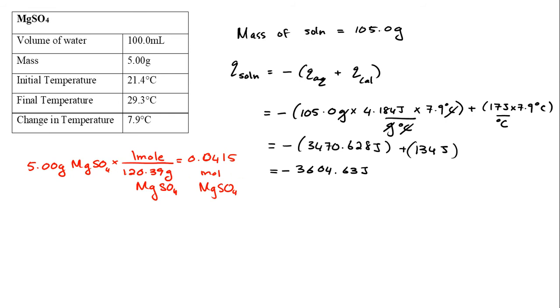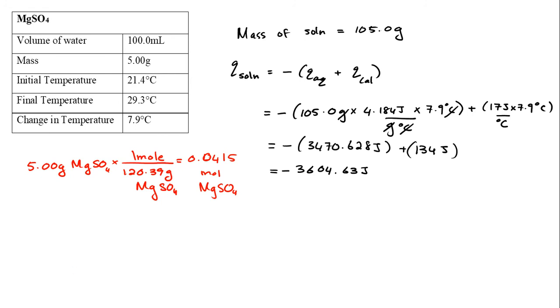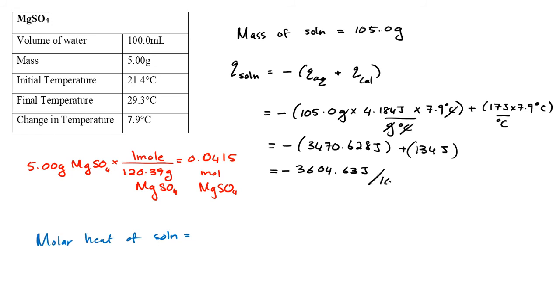So if I have the number of moles of magnesium sulfate in 5 grams, and I have the total amount of energy that was released by the dissolution of 5 grams of magnesium sulfate, I can figure out molar enthalpy of solution. And that is going to be, molar heat of solution is going to be negative 3,604.63 joules divided by, actually, I should probably just convert this into kilojoules because molar enthalpy of solution is usually in kilojoules. So you just divide this by 1,000.